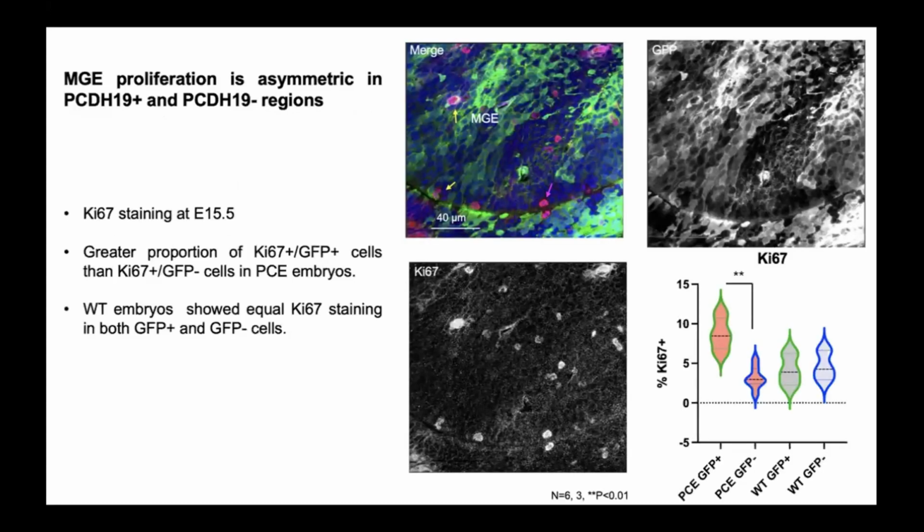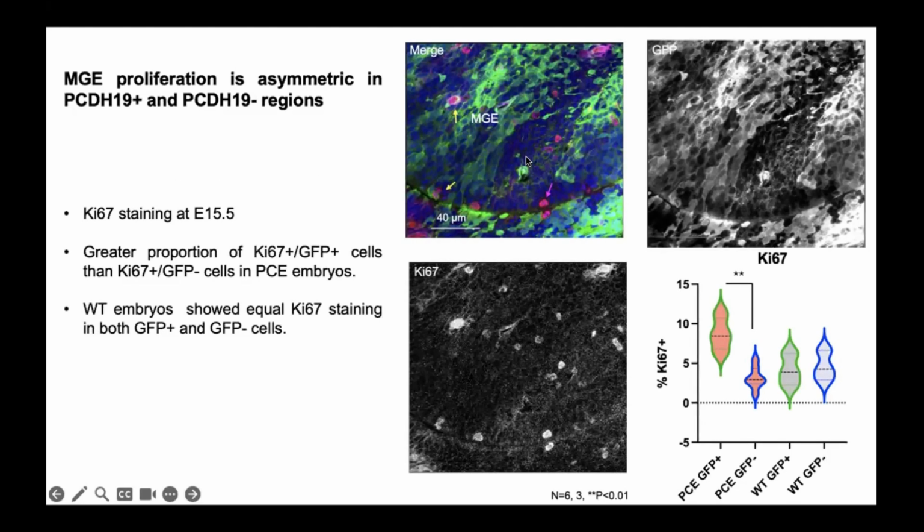So we started looking at this specifically in those embryonic mice, looking at the medial ganglionic eminence. And we do find some interesting things, in that the cell proliferation is actually asymmetric in the cells that are PCDH19 positive or PCDH19 negative. To do this, we stained with a marker called Ki67, which is a marker for newly born neurons. You can look at them in the MGE. These are the red cells here.